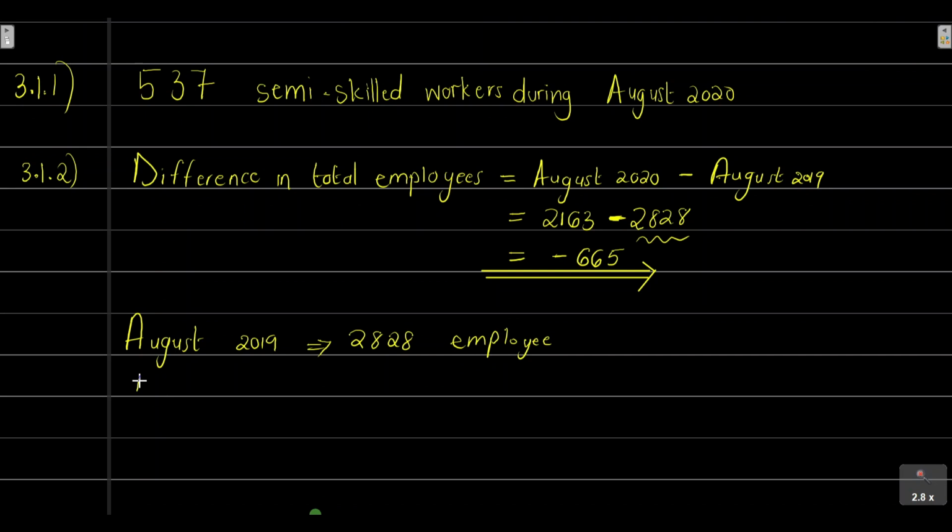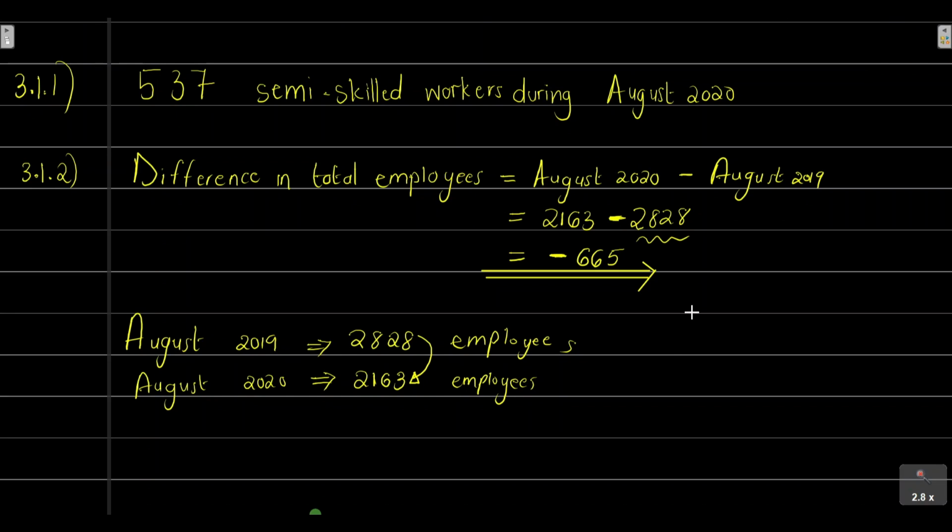Then we went to August 2020, and the company now had 2,163 employees. What are we noticing? Do you see that the total number of employees decreased from August 2019 to August 2020? That is why we have that negative there. The employees actually decreased by 665.